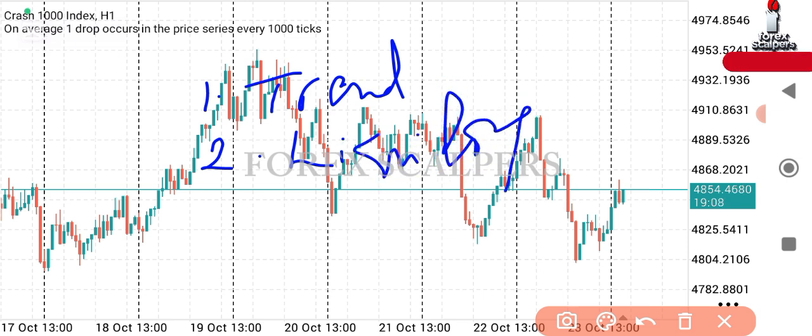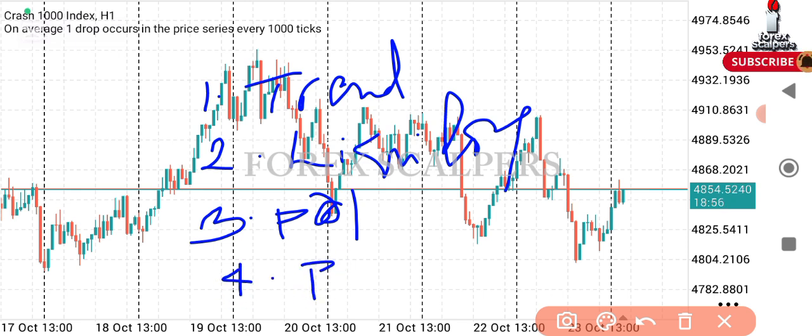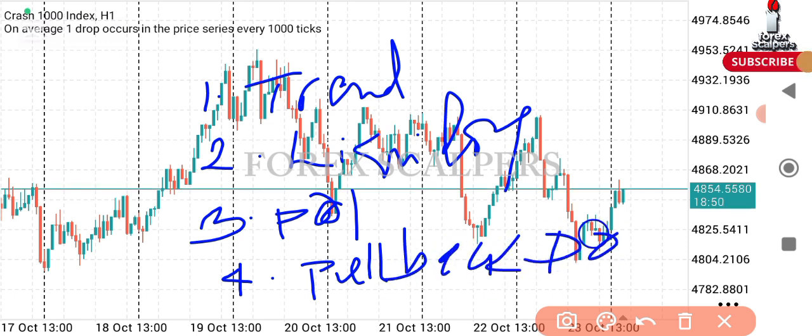You find your liquidity. From the liquidity, you now mark your point of interest, which is your POI. Then the fourth is what? You wait for price to pull back to POI. And then the fifth is that you make your entry.